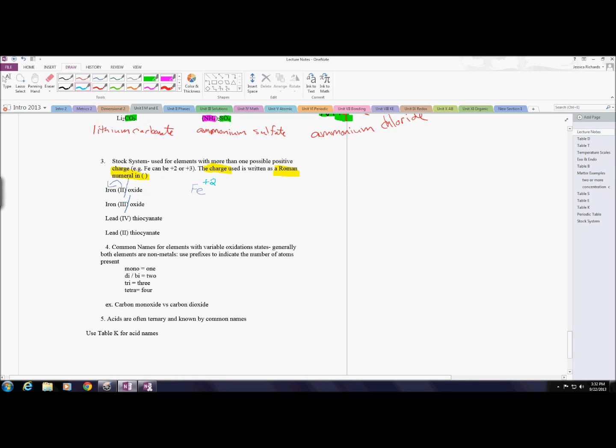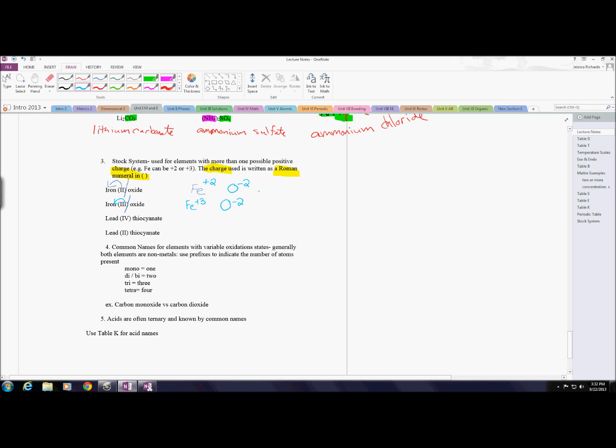If this is iron 3 oxide, I have Fe +3. They both end in oxide. If we look at our periodic table, the only charge that oxygen can be when it's negative in these types of compounds is -2. There are very few exceptions to that.